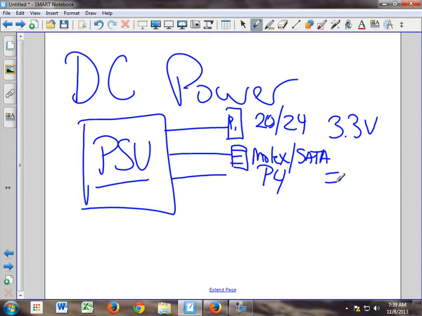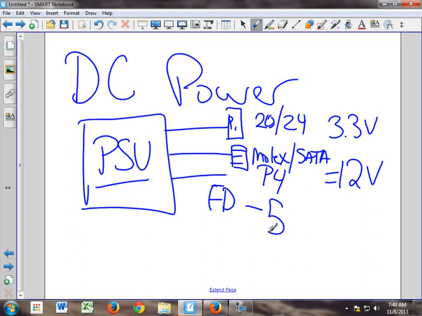All those are what voltage? 12 volts, okay? They make big things happen. It's the highest voltage. We got hard drives that spin up to 15,000 revolutions per minute. That's really, really fast. That requires higher voltage, okay? And then we got the one that goes to the floppy drive connector, and that was 5 volts. Okay, so those are our voltages.